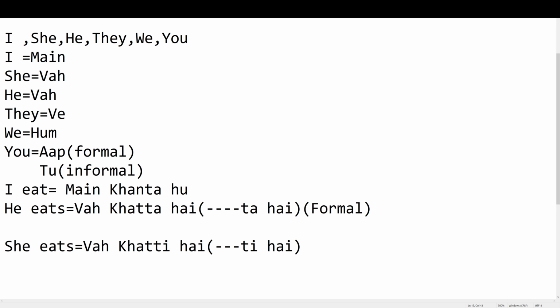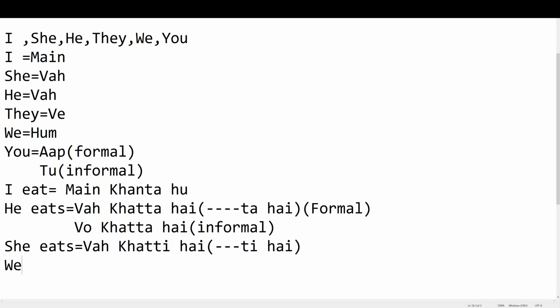And if you want to say informal way, how will you say? वो खाता है. वो खाता है. This is informal sentence. वो खाती है. Okay. I think you got my point.